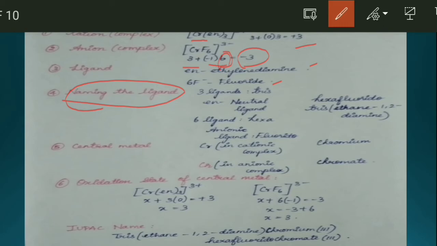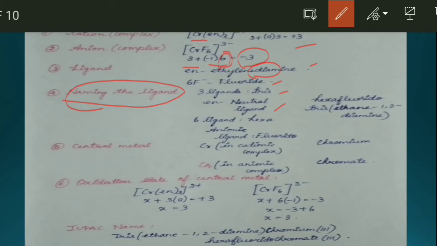In ethylene diamine we are writing it as tris. I have told in the previous video, if tetra is already present, we have to name it as bis, tris, tetrakis, like that. Since it already has diamine, 2 amine, we are naming it as tris. And ethylene diamine is a neutral ligand.